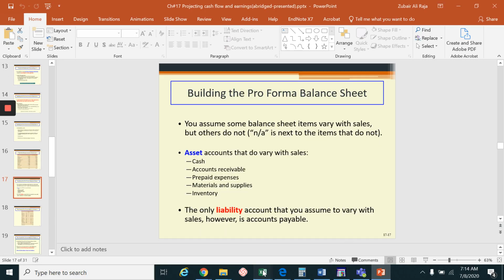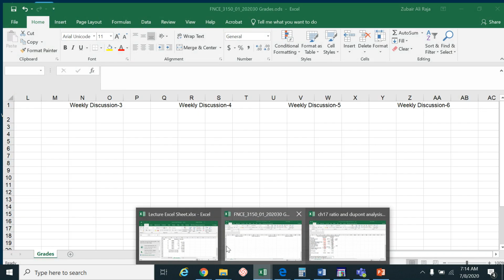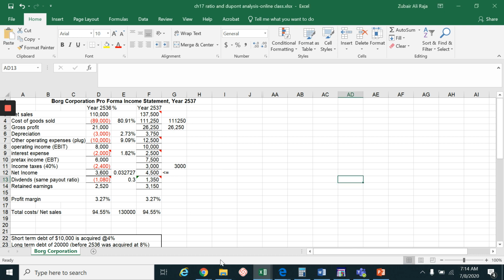So I have an Excel sheet over here. You can see that the cost of goods sold is 80.91% of the net sales for the year 2536.